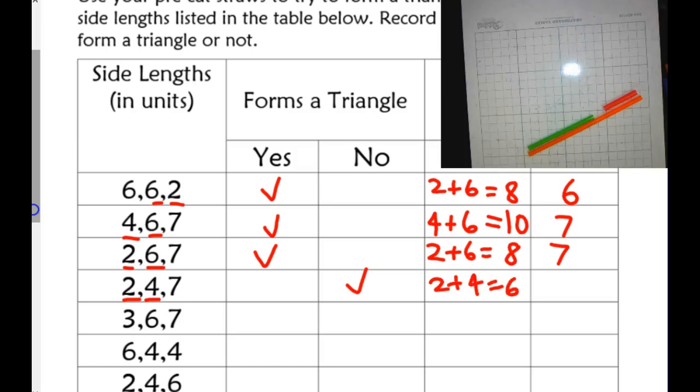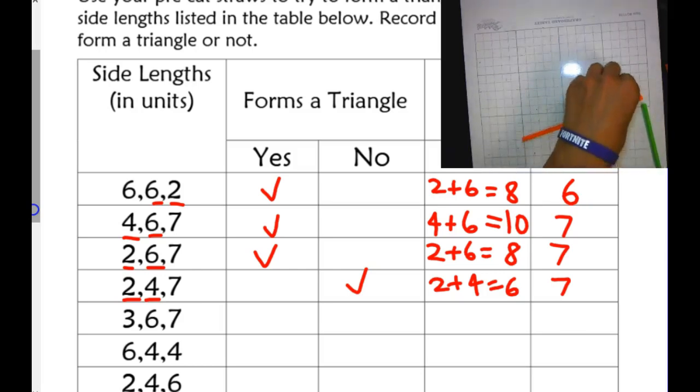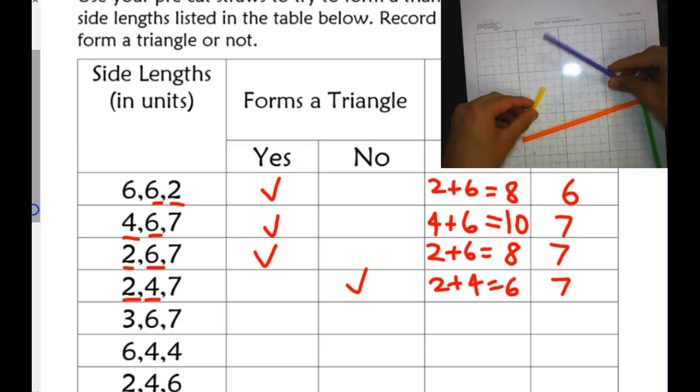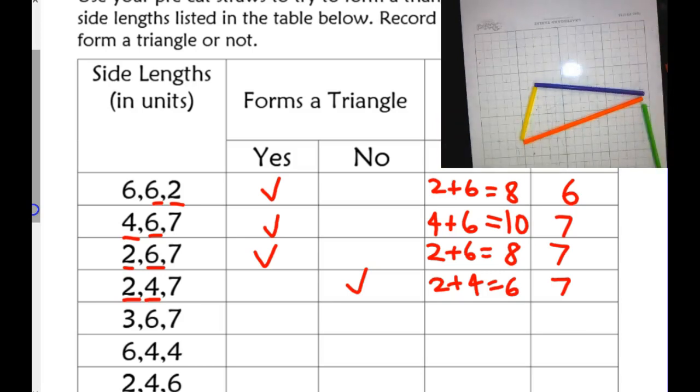And then the longest side is 7. Okay, 3, 6, and 7. So we got yellow, purple, orange. All right, so yellow, purple, orange makes a triangle. So 3 plus 6 gives us 9. And our other side length is 7.